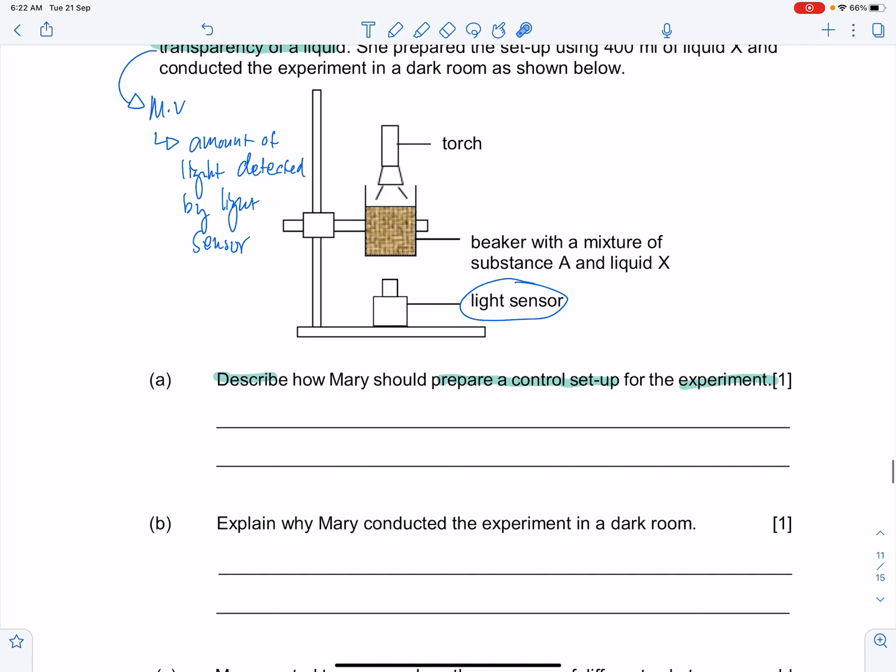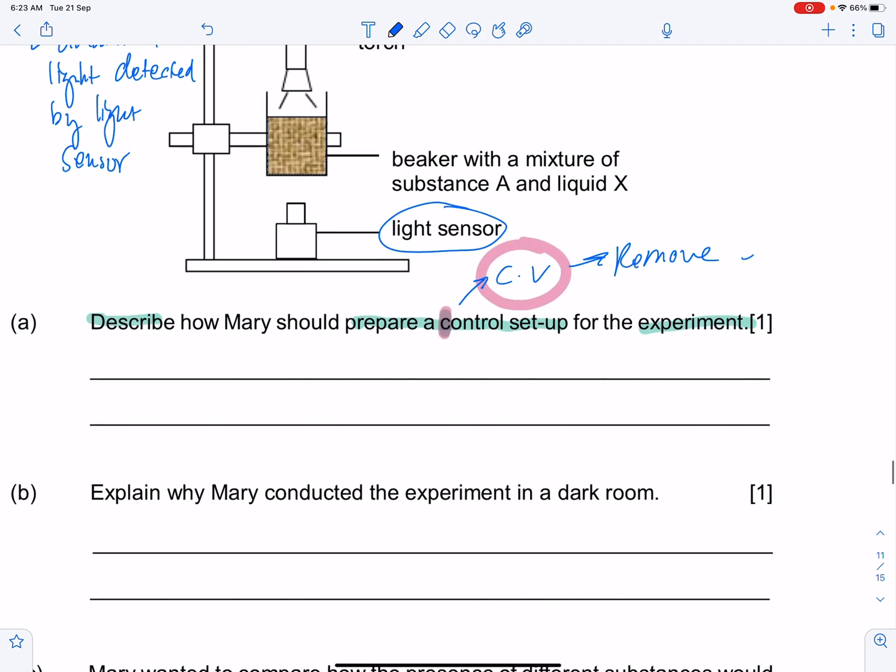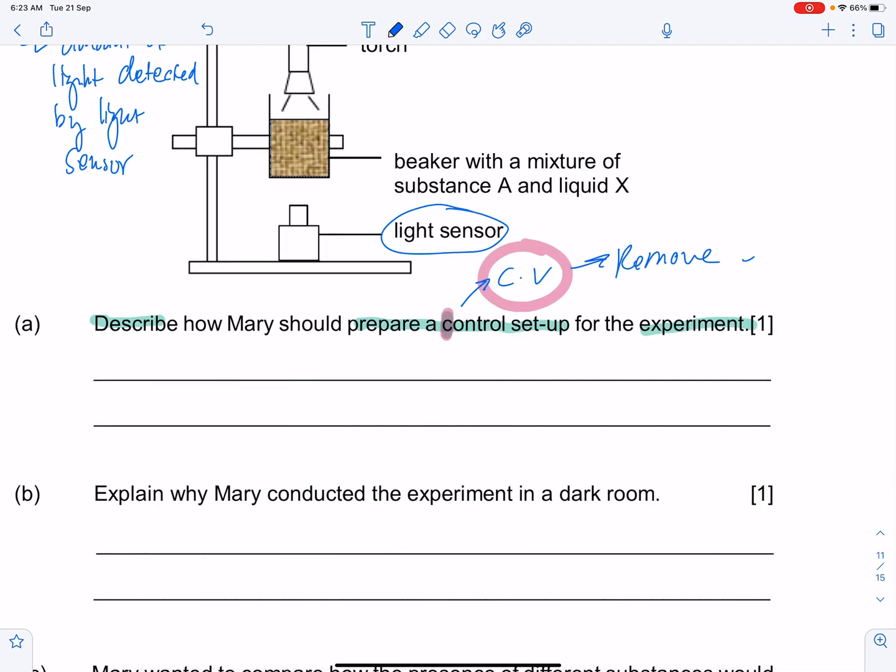So remember, in a control setup, I have mentioned this before, C stands for change variable. And in a control setup, you want to remove this change variable. So basically, it would be to have an identical setup, except that there is no change variable.